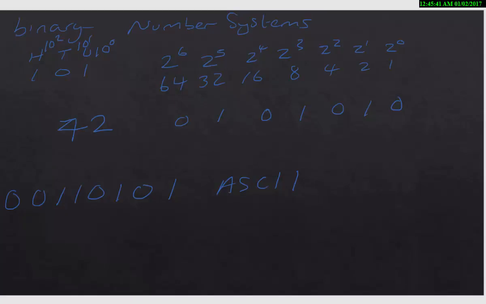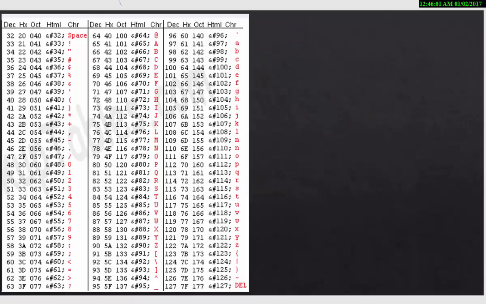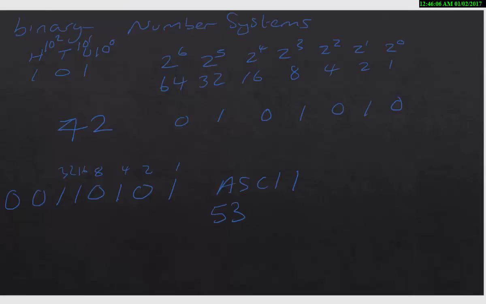Looking at this, it'd be 1, 2, 4, 8, 16, 32, and we don't need to worry about those. So 32 plus 16, 48, plus 4, 52, 53, so that's 53, which is the number 5, and that's represented as an ASCII character.